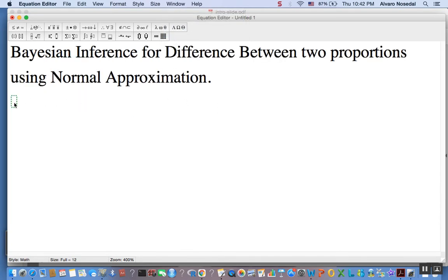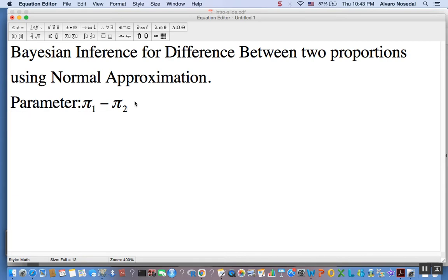So the parameter of interest in this case will be the difference between pi 1 and pi 2. Pi 1 represents the probability of success for a Bernoulli process, and we have another independent Bernoulli process, and that one has a probability of success pi 2.